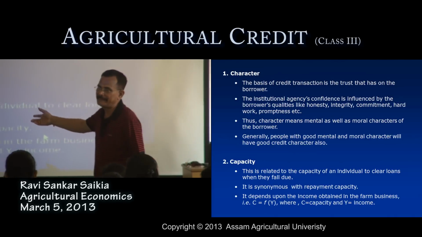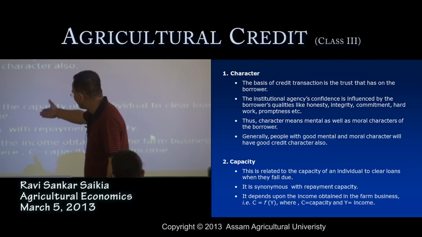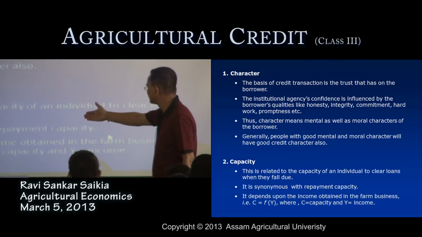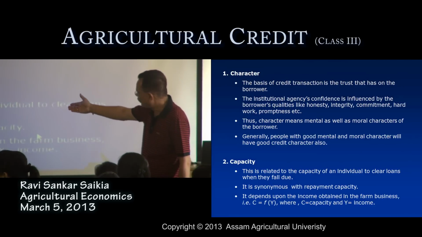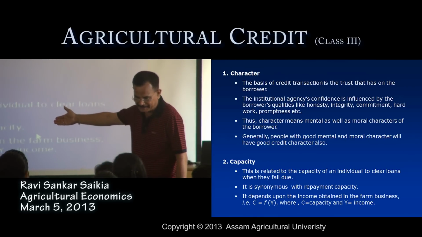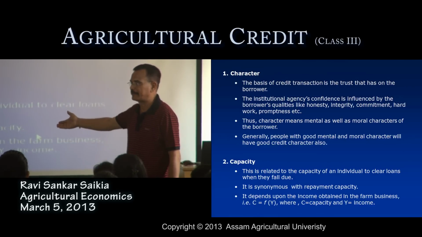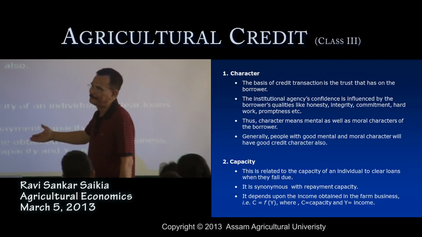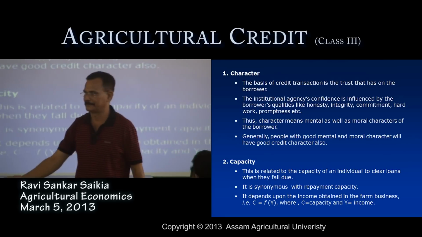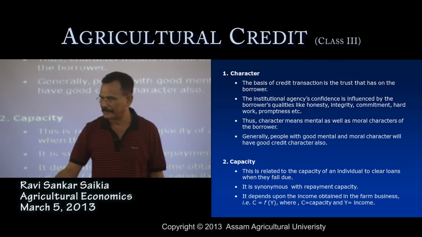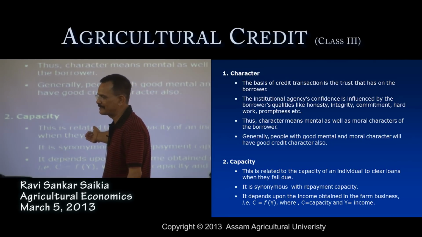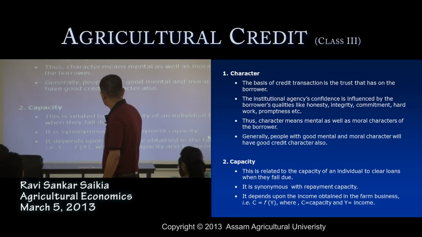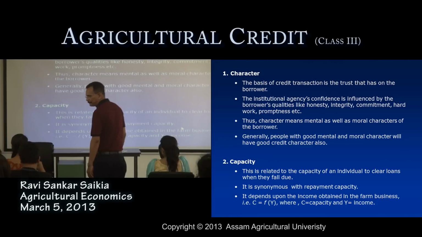And capacity can be given as C equal to a function of Y. The capacity is the C, Y is the income, is it not? So higher farmers along with higher income may have good repayment capacity. Same thing, we can express this repayment capacity in this way. Okay? This is a synonym of repayment capacity.